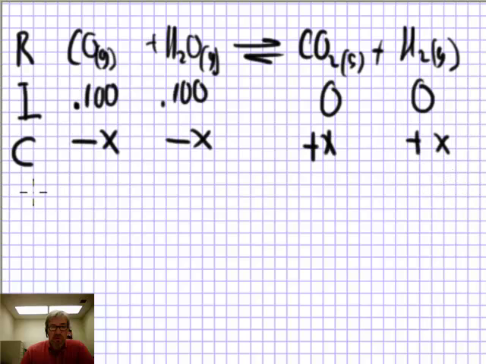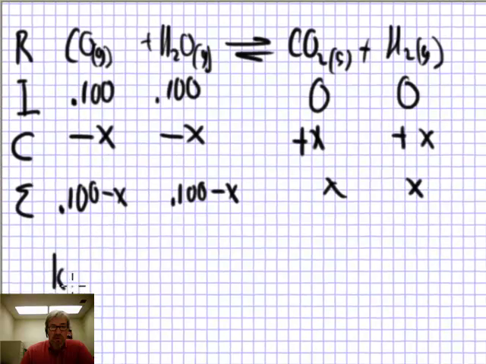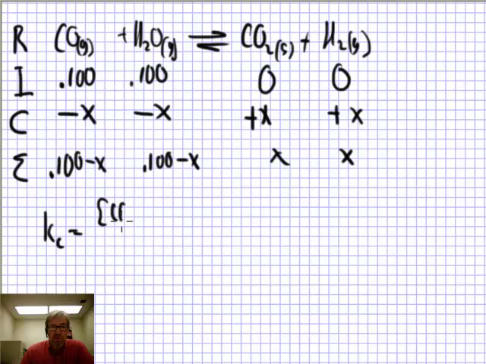So that when I reach equilibrium, that's the last line of my RICE chart, I will have a concentration of CO that's 0.100 minus x, and of H2O that's also 0.100 minus x, and CO2 and H2 are both going to be 0 plus x, which is just x. Kc is equal to the concentration of CO2 times the concentration of H2 divided by the concentration of CO times the concentration of H2O.